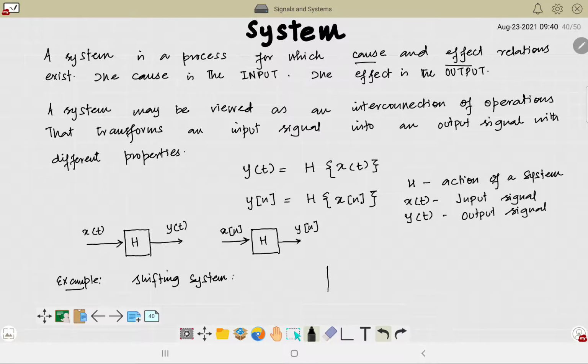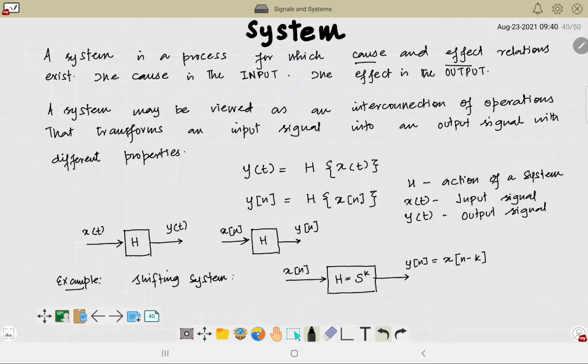Again, it will have this block representation. It will have a system property h, where it is shifting by k units, represented by s superscript k. Whenever you feed an input signal x of n, the system gives you an output signal y of n, which will be a shifted version of your input signal by k units.